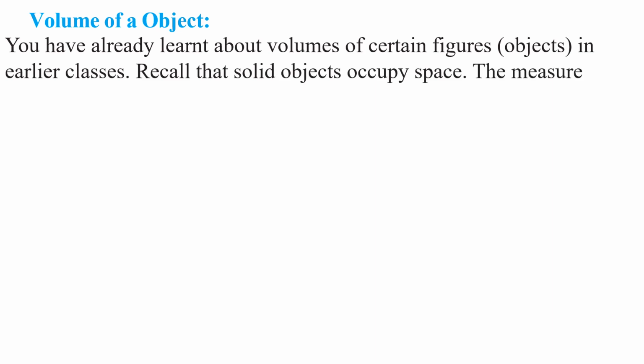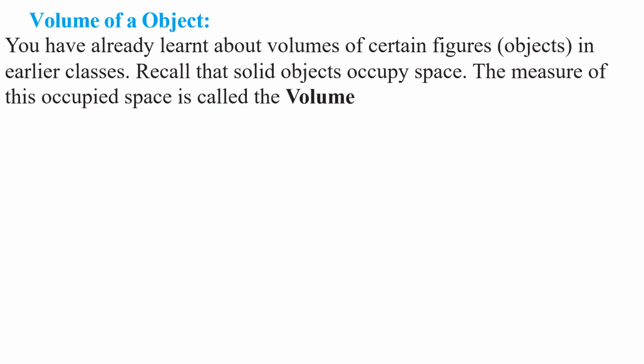Recall that solid objects occupy space. The measure of this occupied space is called the volume of the object. Understood this point, my children? Solid objects occupy some space. The measure of this occupied space is called volume of the object. Do you remember this point, my children?